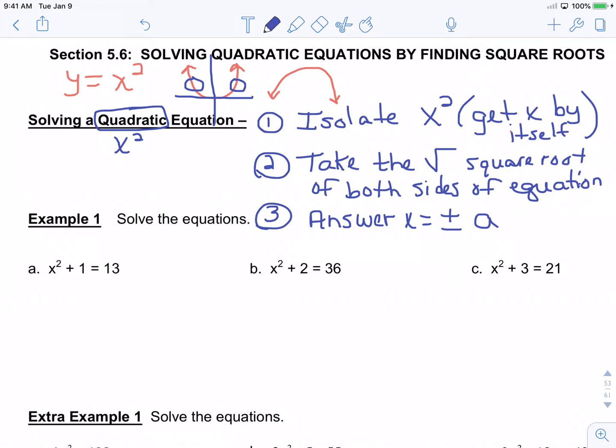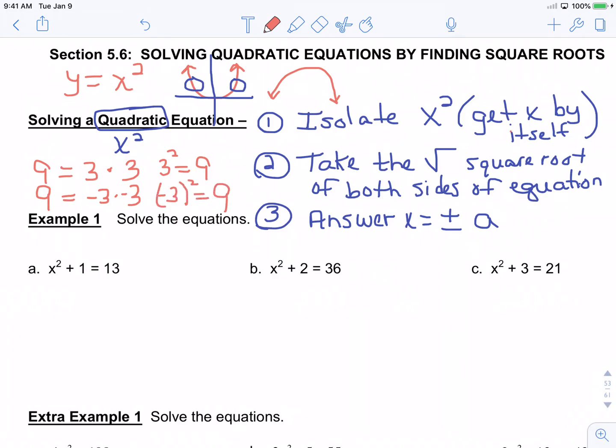The other reason it's plus or minus is if I think about the number 9. 9 is 3 times 3. So we would say 3 squared equals 9. But 9 is also negative 3 times negative 3. So we could also say negative 3 squared is equal to 9.